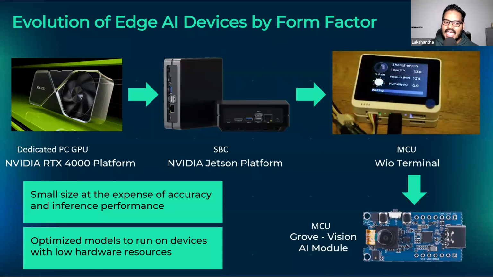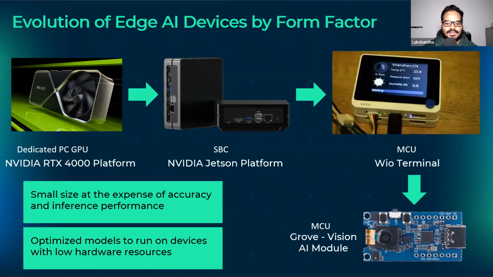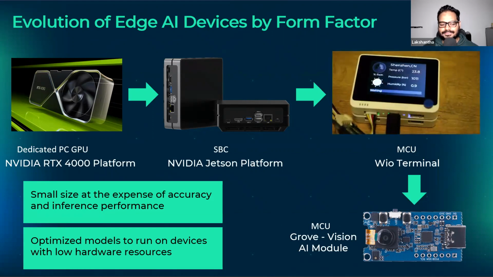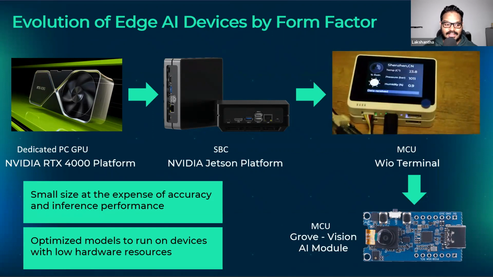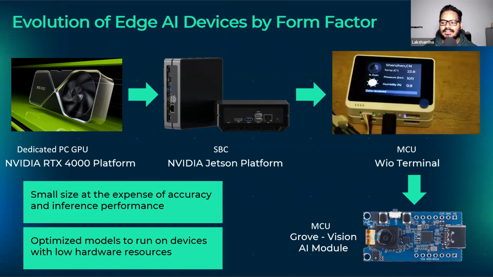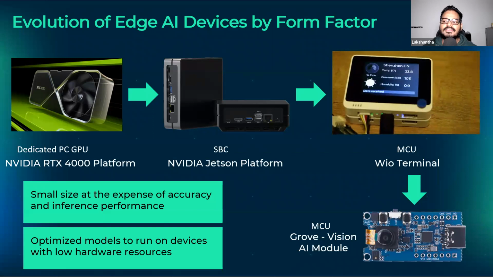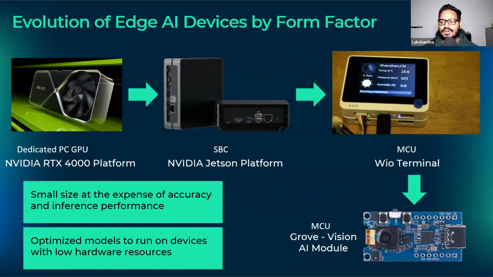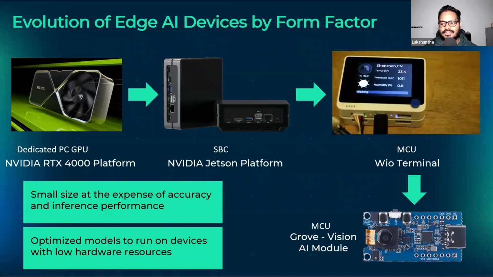As we move down in size, from the biggest one to the smallest one, there is a bit of a sacrifice here, because the big AI models that can be run on this NVIDIA GPU platform cannot be run on this one, because it does not have the exact same hardware capabilities. But with the advancement of software engineering, we now have optimized models which are able to run on small microcontroller hardware like this.